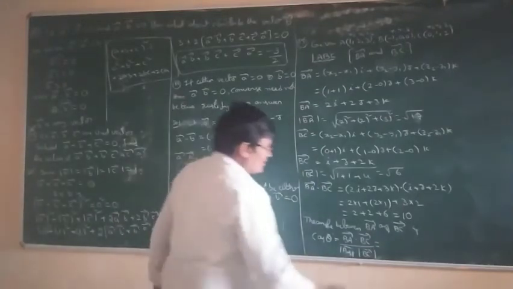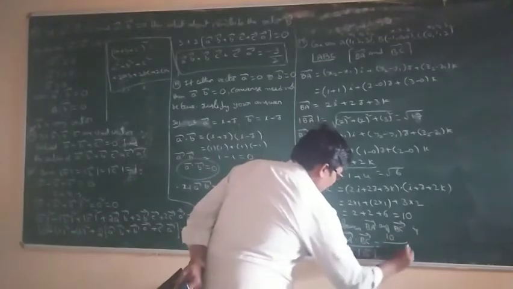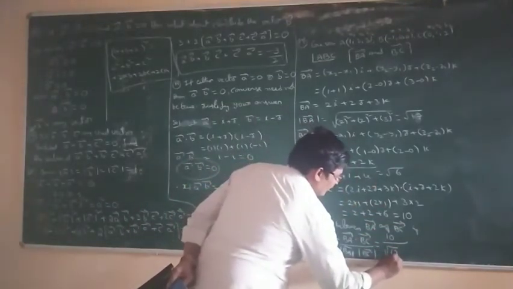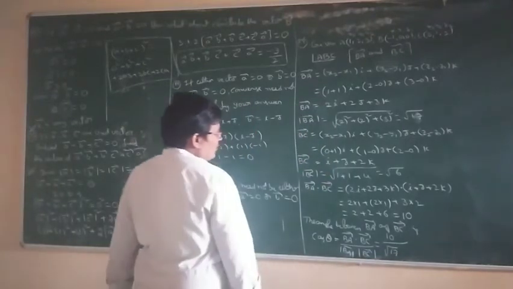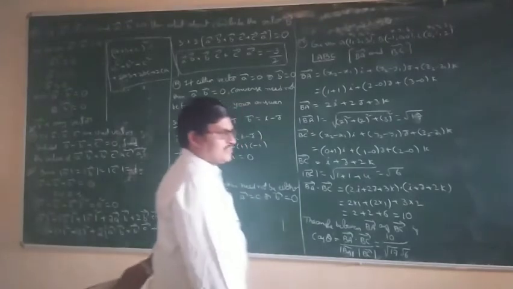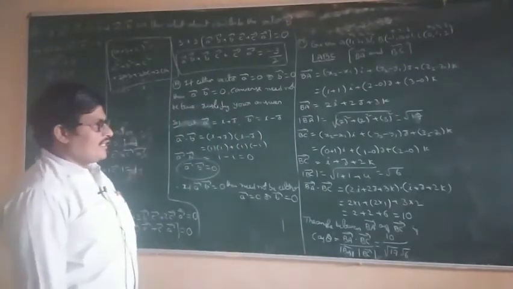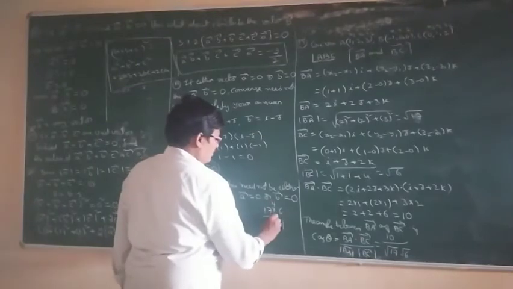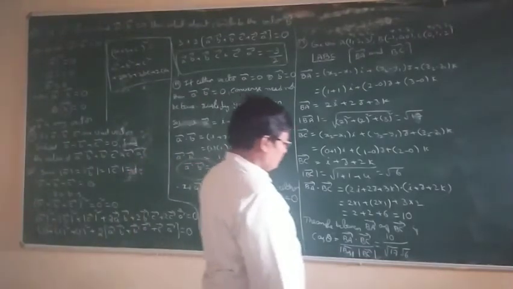BA dot BC is equal to 10, mod BA bar is root 17 into mod BC bar is root 6. 17 into 6 is 102.